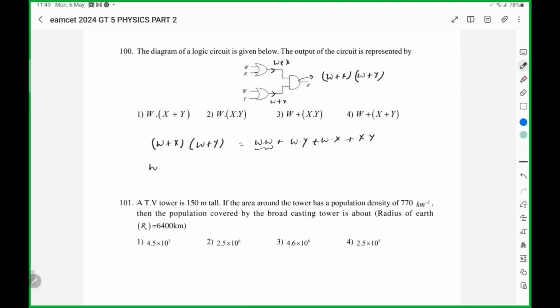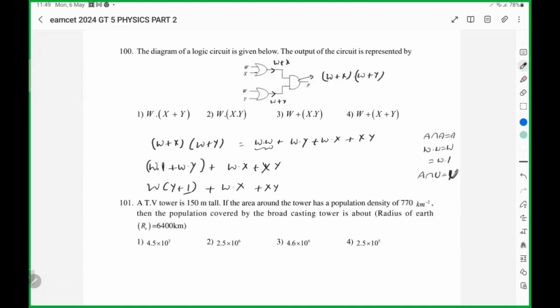This W only, like the A intersection. So W dot W, I can write W, or W into 1, plus W into Y, plus WX plus WXY, W into 1 plus Y. It's like A union universal set is universal.